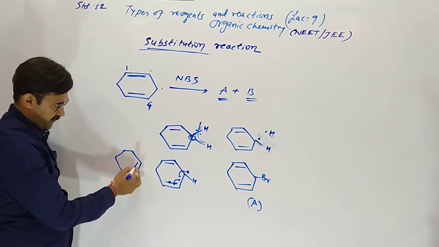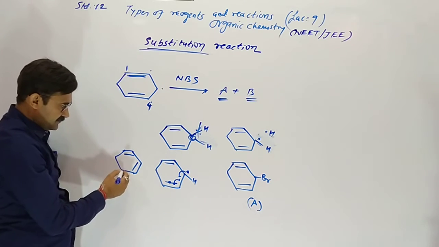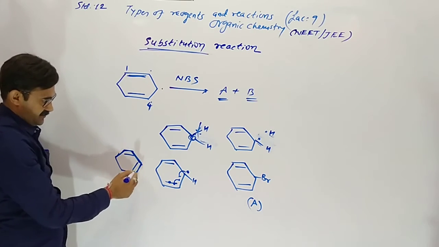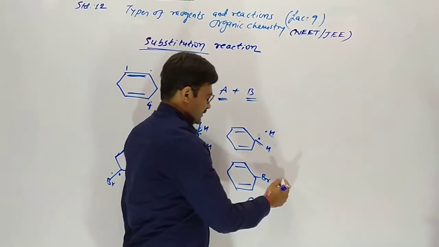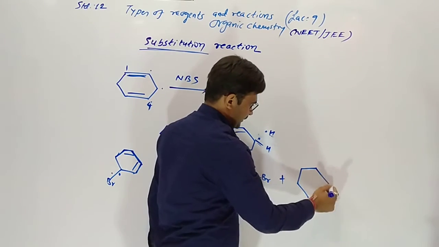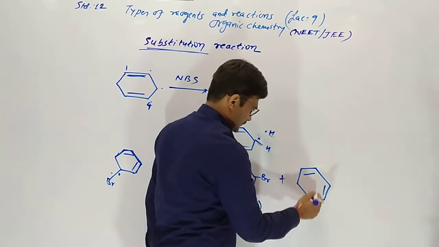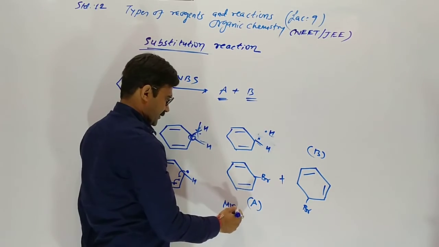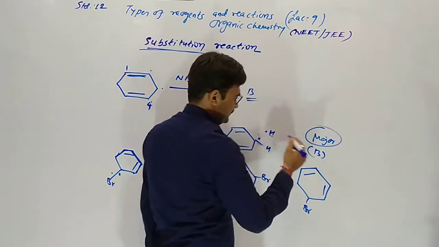So a pi bond forms here, and this became a free radical. So bromine enters here. So our product will be like this, B. So A is a minor product, B is a major.